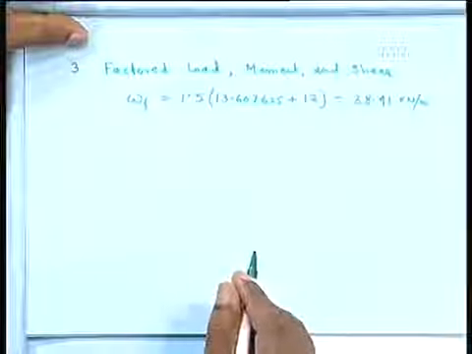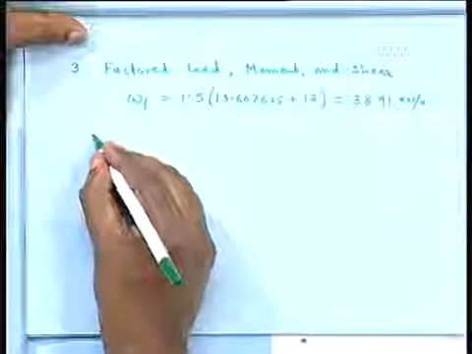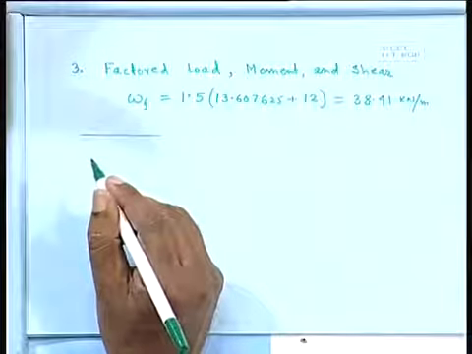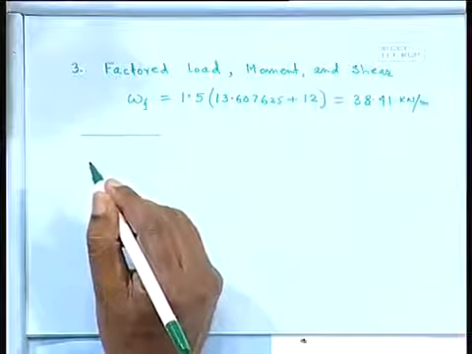What about moment? Our beams are simply supported on the masonry wall. There is no moment on the two supports, because it is just simply supported. This is a case of a simply supported beam.